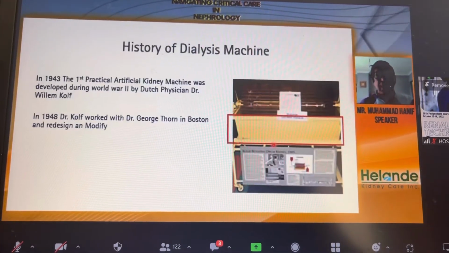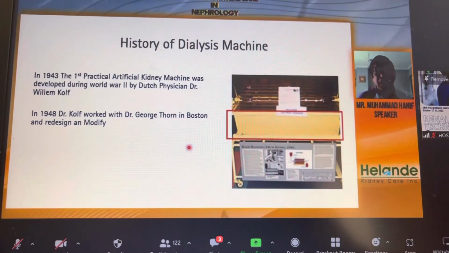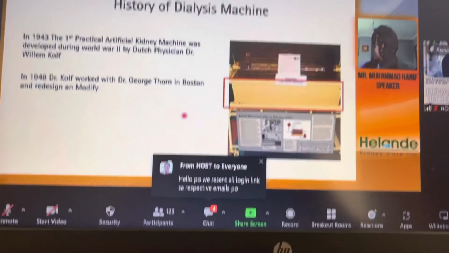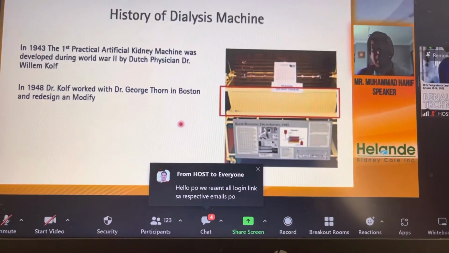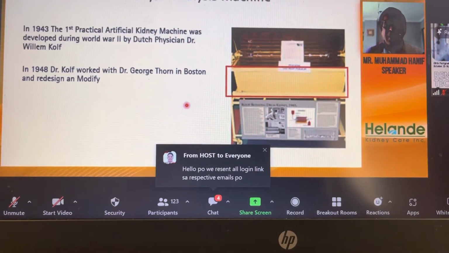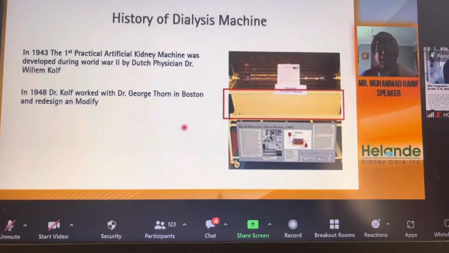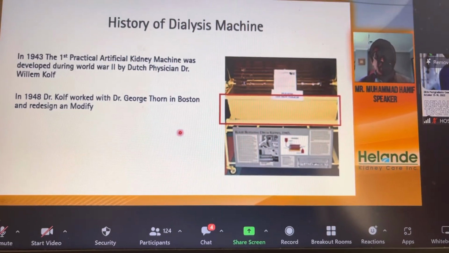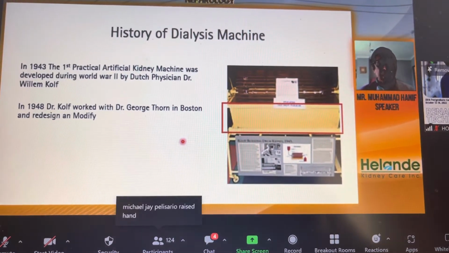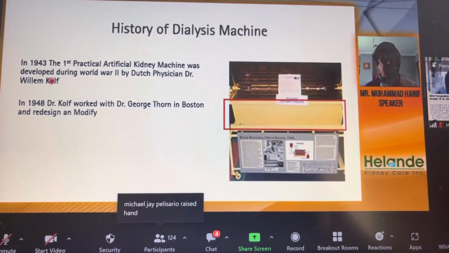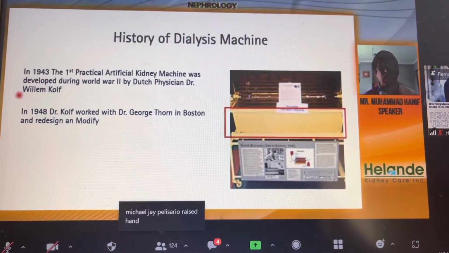Before we go further, I would like to share with you a history of the dialysis machine, so you will understand the difference between the dialysis solution in the past and at present. Everybody knows, I am pretty sure, that the first practical artificial kidney machine was developed in 1943 during World War II.